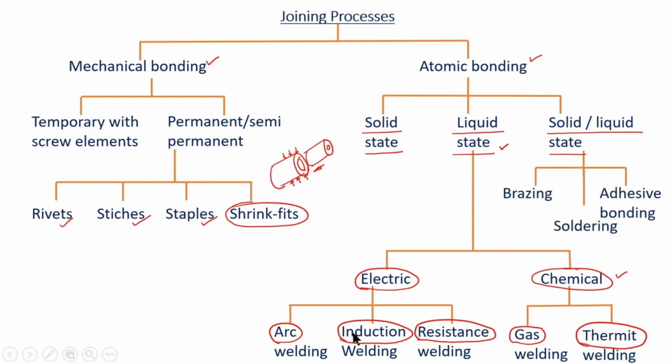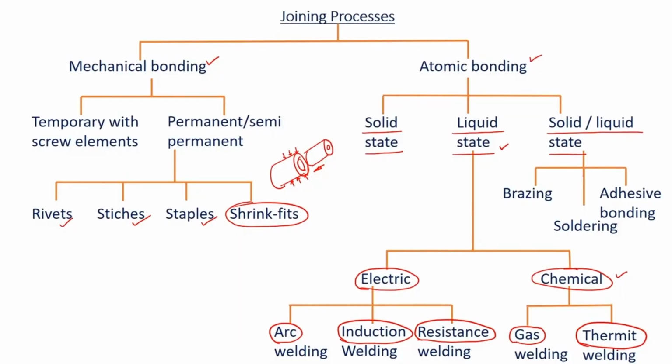The solid-liquid state welding group can further have variants such as brazing operation, soldering operation, or the adhesive bonding operation. In adhesive bonding operation, we are bonding the parts together by use of an element that we call the glue or adhesive. By applying pressure and temperature, we can have bonding of two thin sheets.